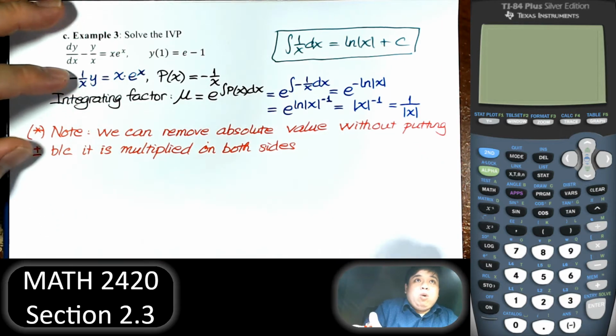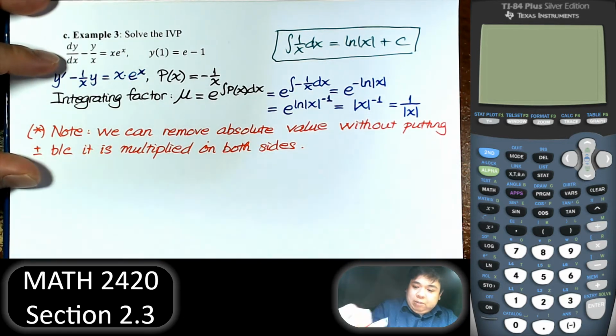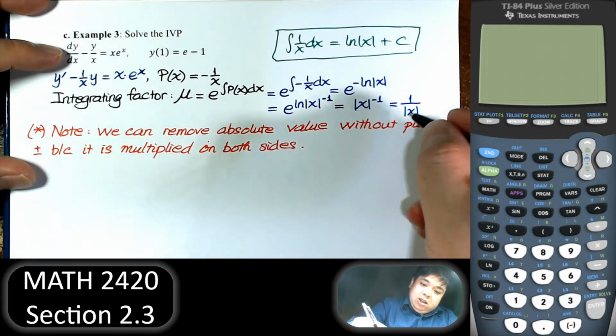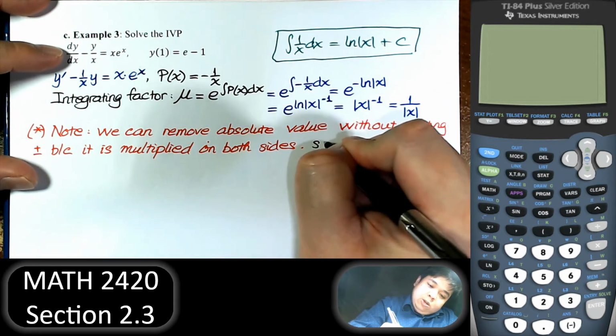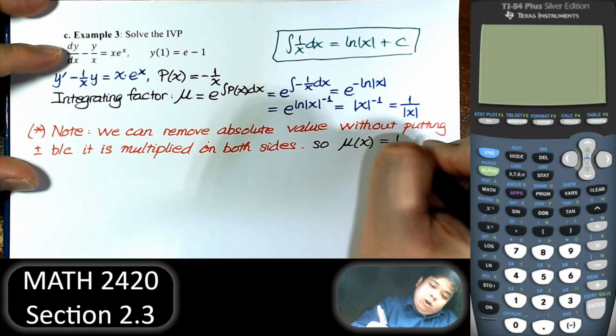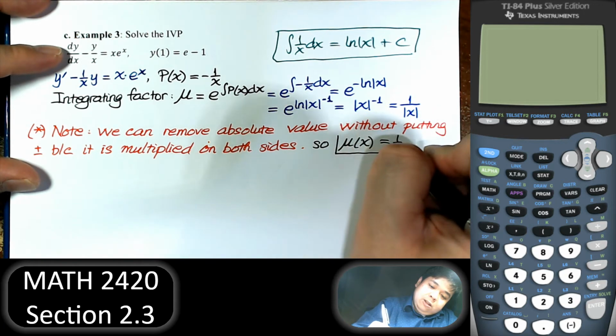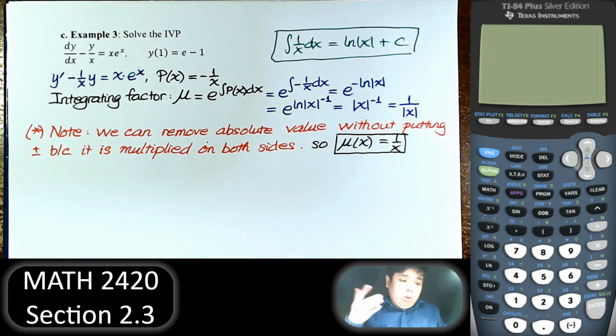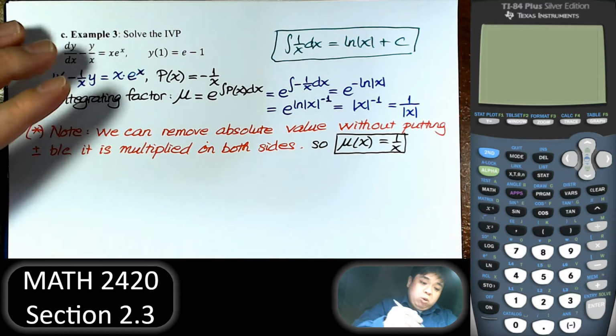When we multiply both sides, they will be cancelled out. Bottom line is, from here, the integrating factor is just 1 over x. So in this case, we say the integrating factor is just 1 over x for this problem. Right, we have integrating factors multiplying both sides.